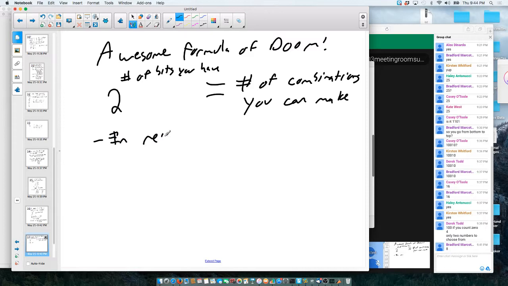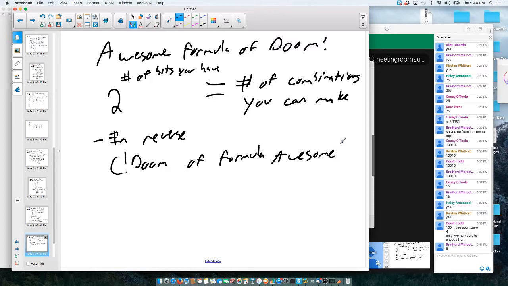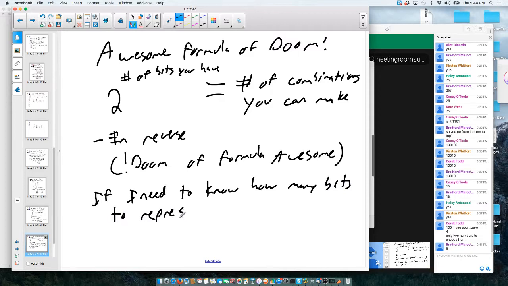Okay, in reverse, the doom of formula awesome, because it's backwards, is if I need to know how many bits to represent a number of combinations, I want to basically solve for this.